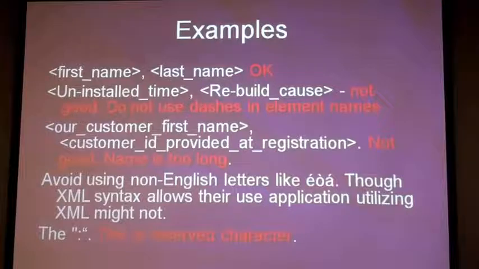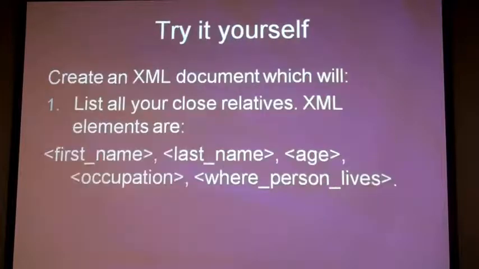So these are examples. So next thing we are going to do is an exercise. What you need to do is open a notepad document and create a document which will list two of your relatives. You can use fictitious names if you're okay with that. And then you have to use these elements that I provided to make your life easier. When you're going to put information about your relatives, you use these elements, okay?